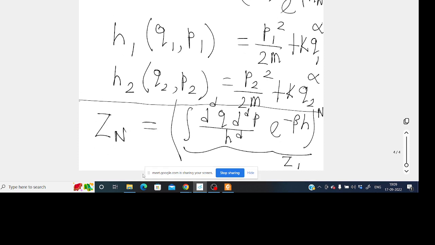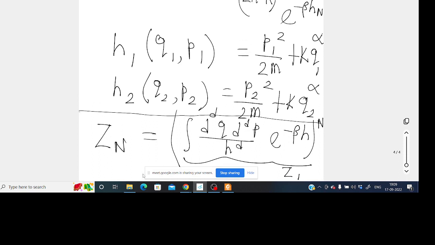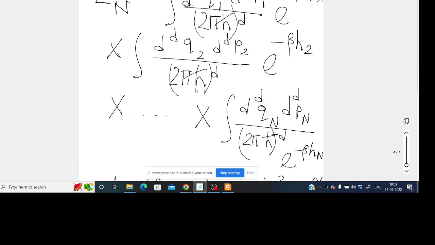Sir, are the momentum or position different? I am saying that the momentum and coordinate of h1, h2 are all different, right, but you can do this thing. Let's say this is for the second particle.